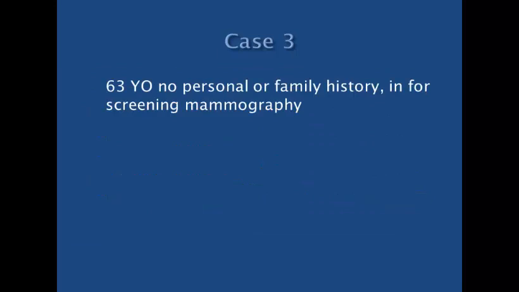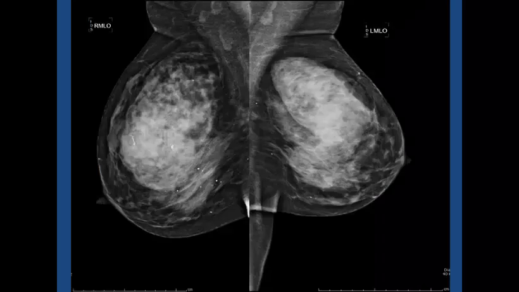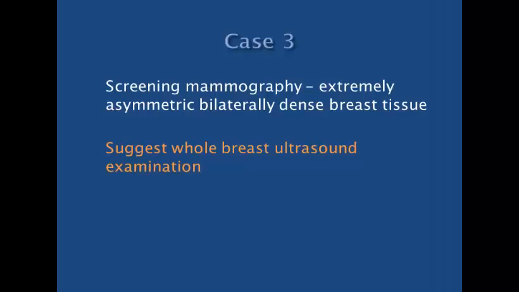A 63-year-old, no personal history, no family history, in for screening mammogram. Again, the screening mammogram is showing these asymmetric bilaterally dense breast tissue. They actually suggested whole breast ultrasound. And again, this is very difficult to do clinically.